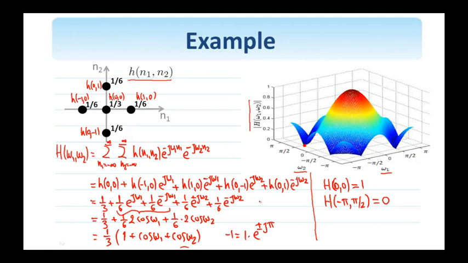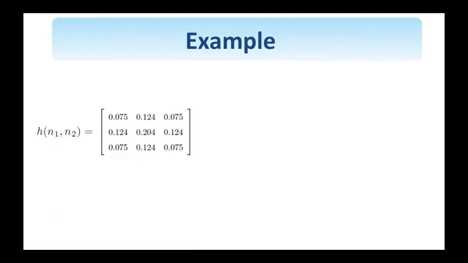It passes the 0 frequency unchanged, attenuates the low frequencies slightly, but as the frequencies increase, the attenuation becomes greater. We show here an example similar to the previous one. We're given the impulse response of a system, and we're interested in finding its frequency response. The form in which h(n1, n2) is depicted is slightly different from the previous case.